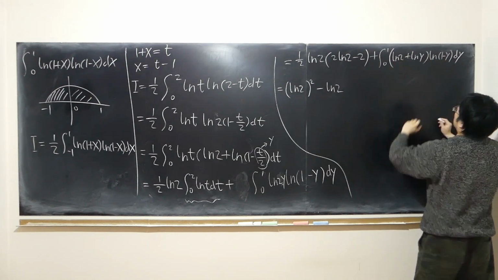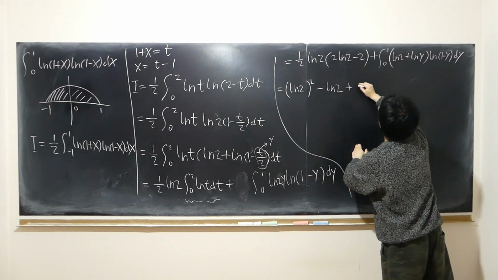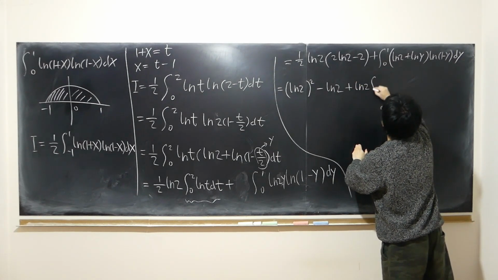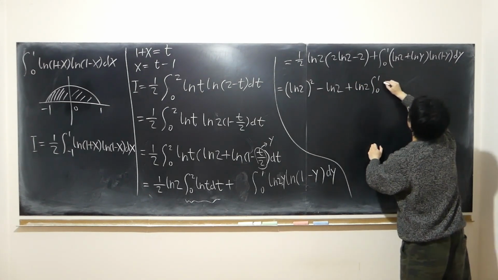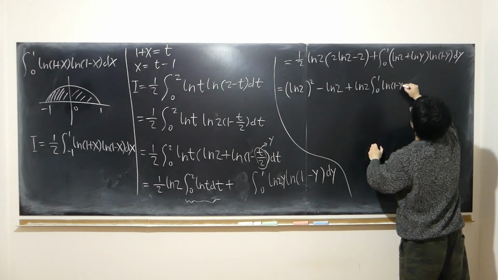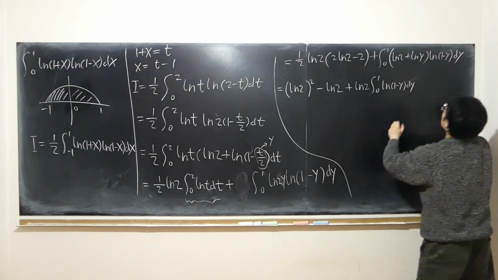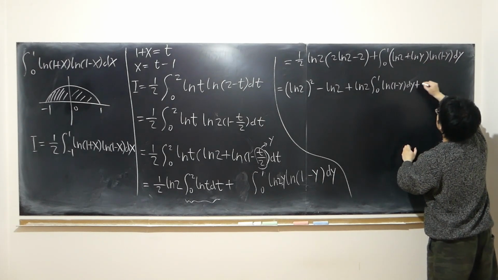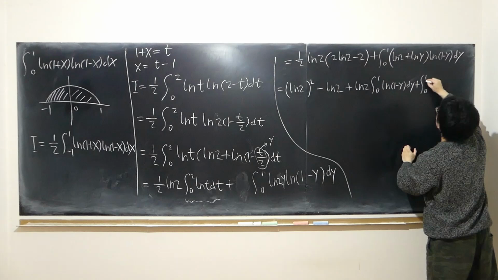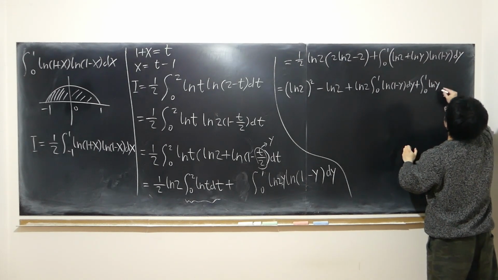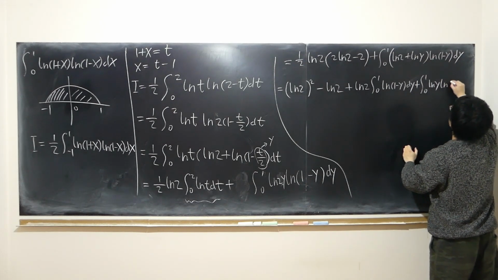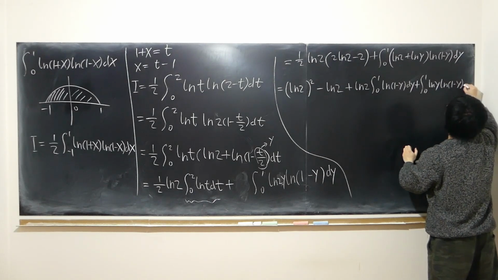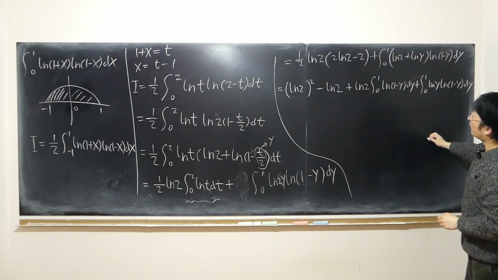Log 2 is a constant again, plus log 2 times the integral from 0 to 1 of log(1 minus y) dy. We multiply this by that, plus the integral from 0 to 1 of log y times log(1 minus y) dy.